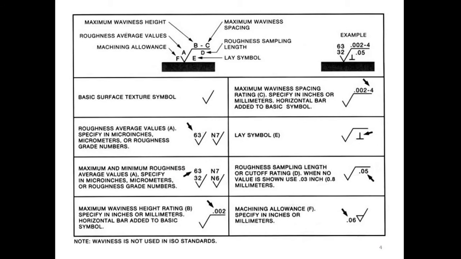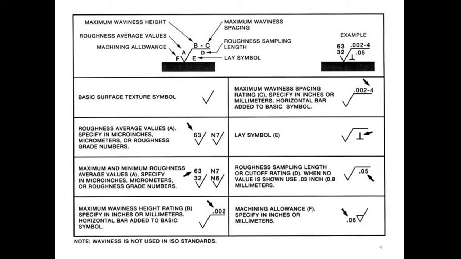Again, here is some overview. The symbolic representation for surface roughness is there. A is the surface average value, B maximum waviness height, C maximum waviness spacing, D roughness sampling length, E lathe symbol, F machining allowance.